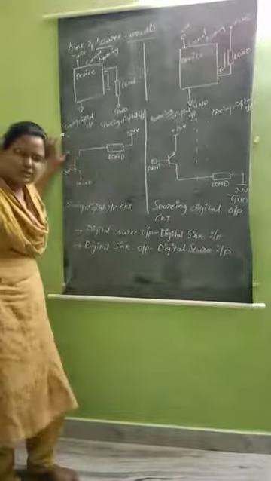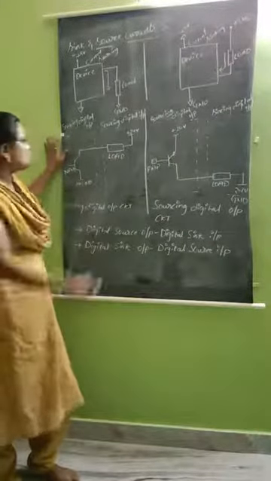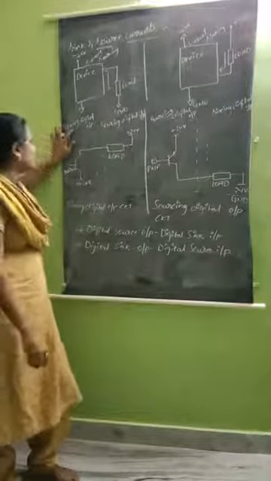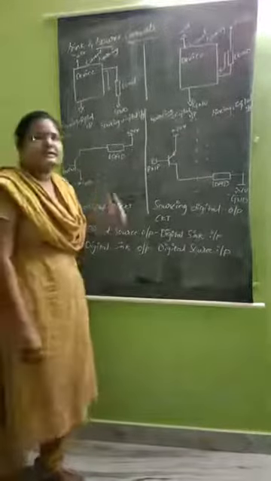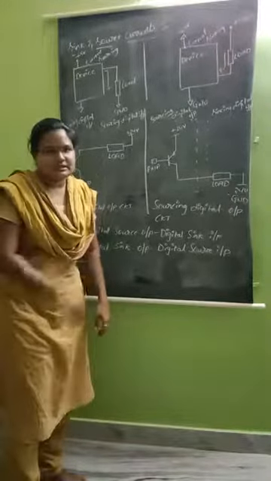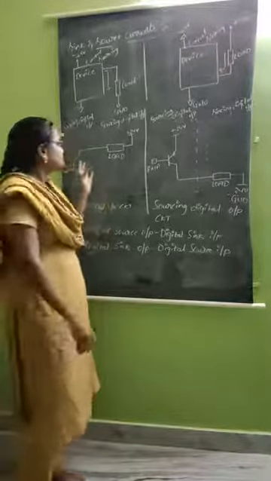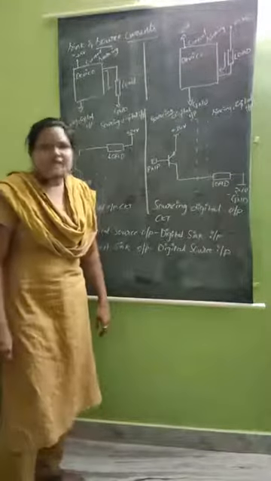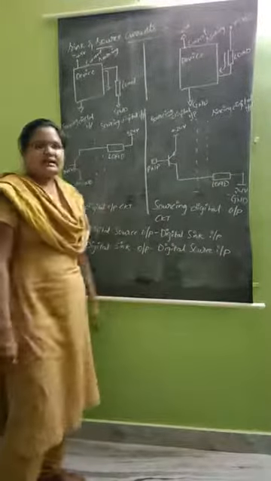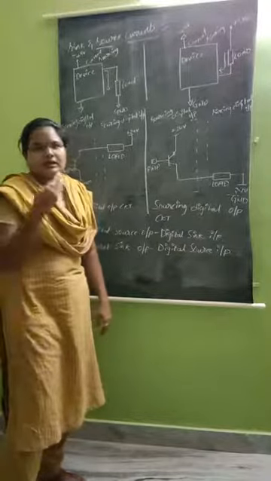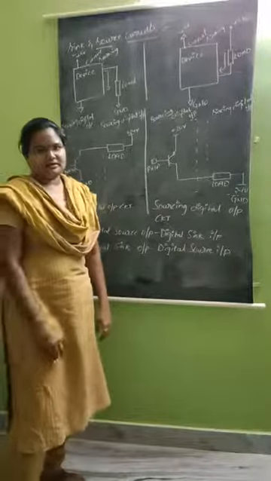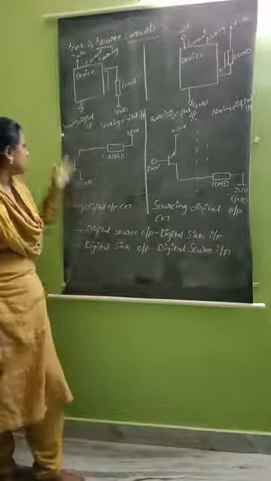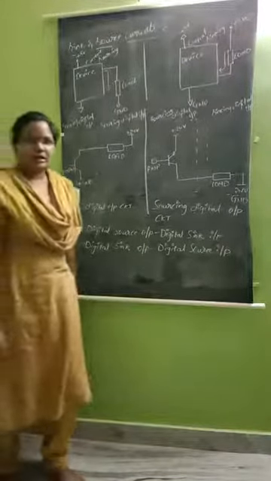In this circuit diagram, the sourcing digital input is connected to the sinking digital output. In this circuit, the load is pulled because the input is provided to the sinking digital circuit. So finally we get output from the sinking digital output.